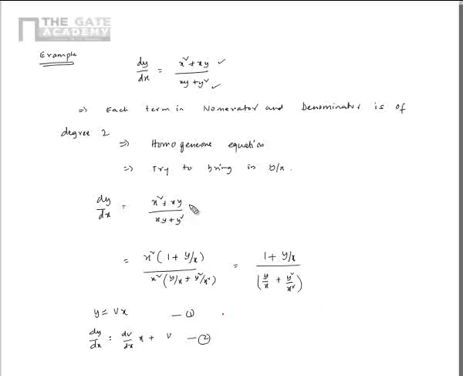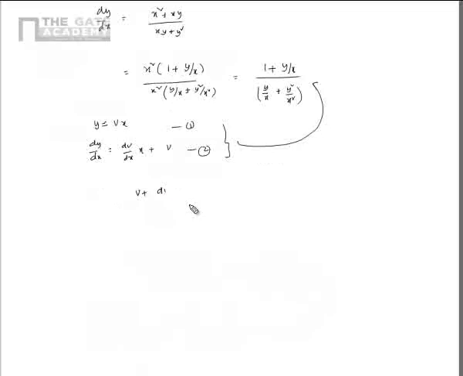So dy by dx I can just replace as v plus dv by dx into x. And y by x I can directly replace by v, so v plus v square. So the entire thing you're able to bring in terms of v and x.